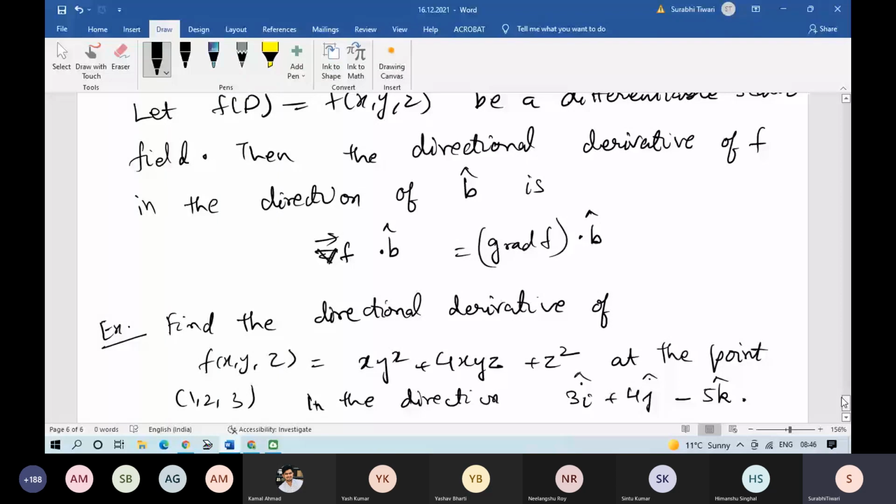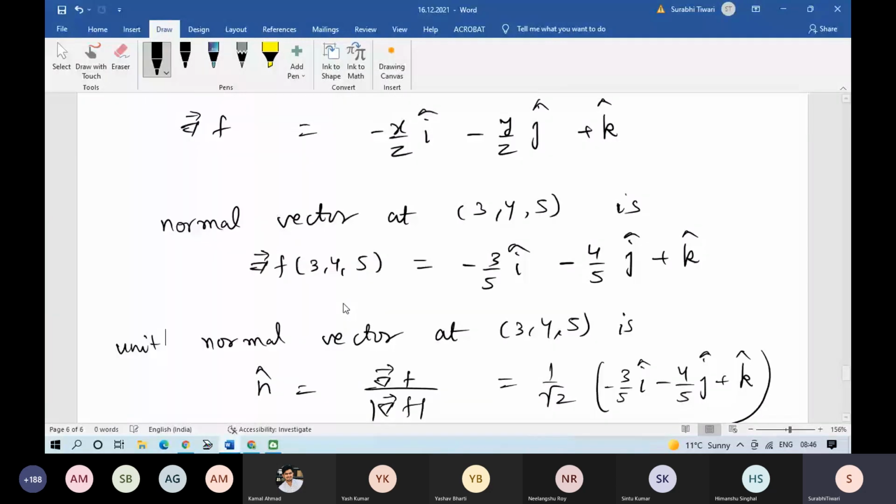So the function is given. So to find the directional derivative, first we need to find the gradient of that function.